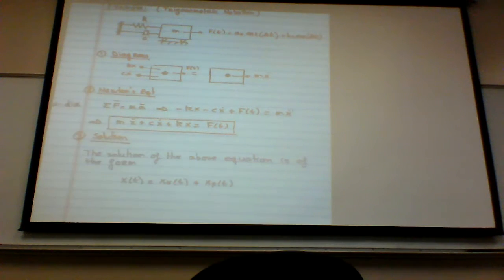Where yesterday we already discussed, this is the homogeneous problem. The homogeneous solution corresponds to the problem m x double dot plus c x dot plus kx equal to 0.